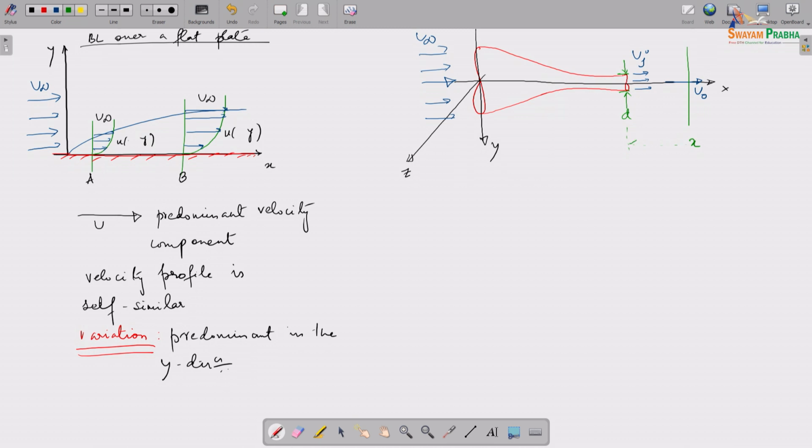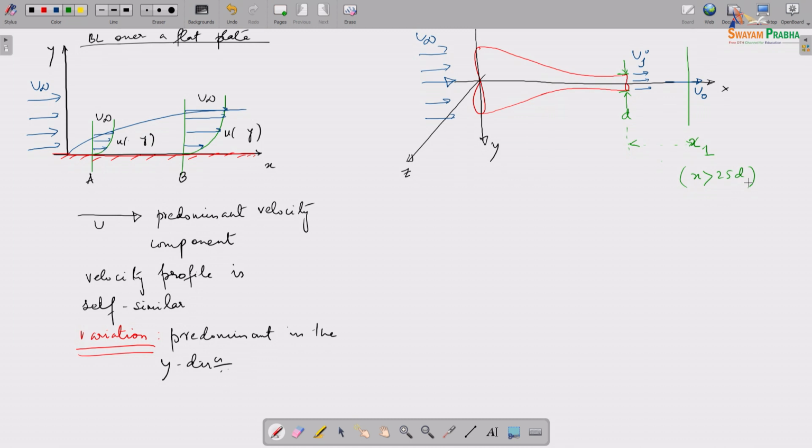This x is more than 25d, so here x is greater than 25d, beyond the developmental length.